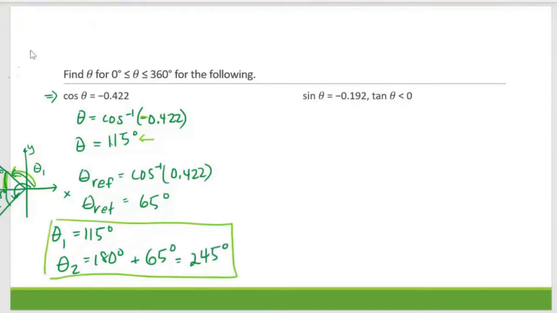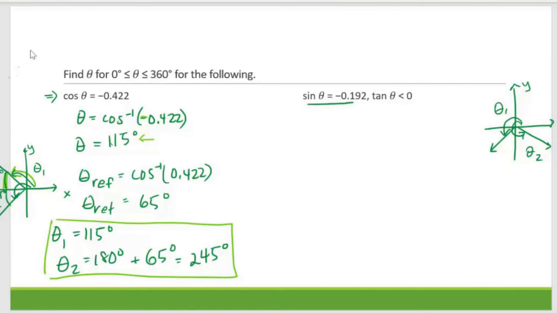And finally, here we have much more information. We have a key second piece. The sine of our angle is a negative value. Sine is, of course, positive in quadrant 1 and quadrant 2, so our angle is going to be in quadrant 3, we'll call that theta 1, or in quadrant 4, call that theta 2. That's if I only use the first piece of information.